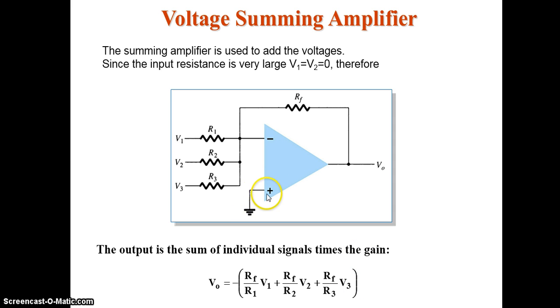See here, in this circuit diagram, the non-inverting terminal is connected to ground. To the inverting terminal, we are applying three inputs: V1 through R1, voltage V2 through R2, and voltage V3 through R3. The non-inverting terminal is grounded.